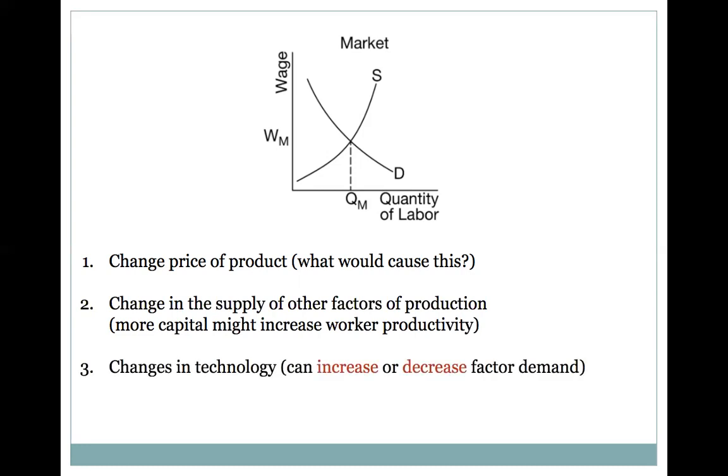Finally, a change in technology. This one could be tricky though. We normally think of technology as increasing the demand for a factor of production, because oftentimes technology is labor augmenting, meaning it makes me more productive. If the technology makes the worker more productive, then that's going to increase the demand for that labor.